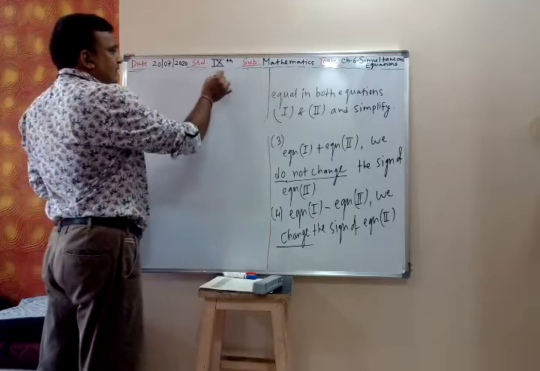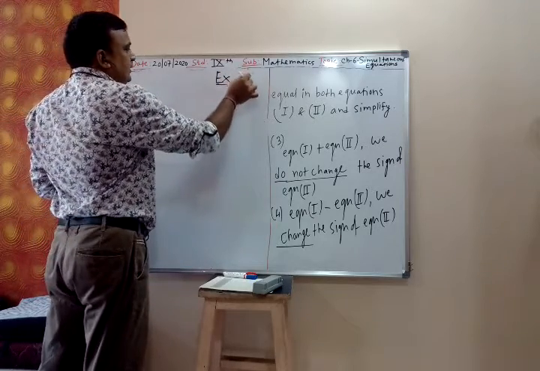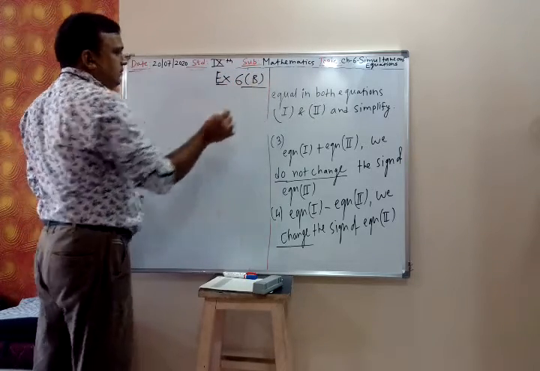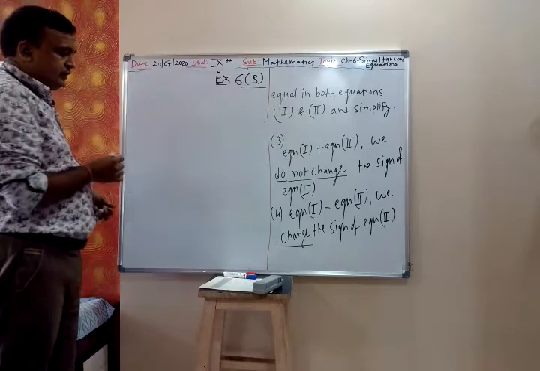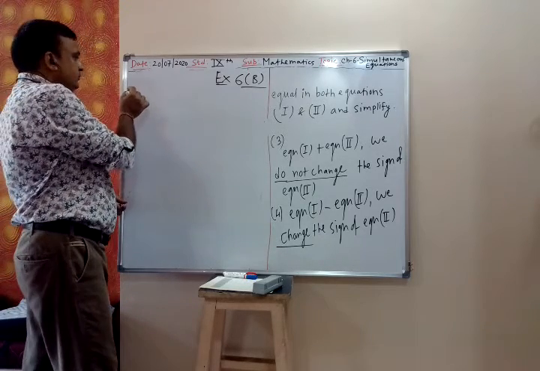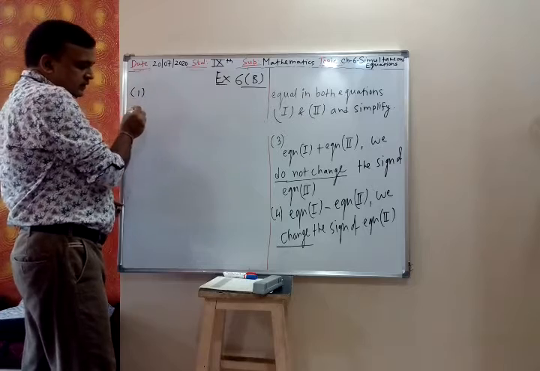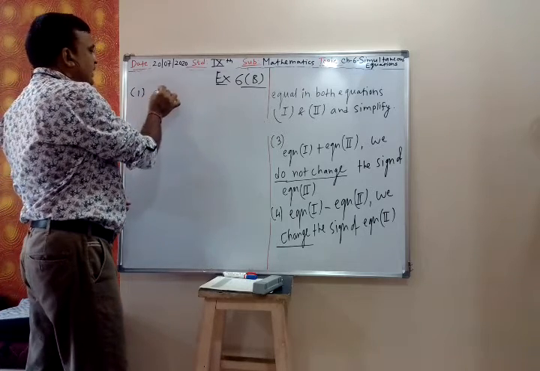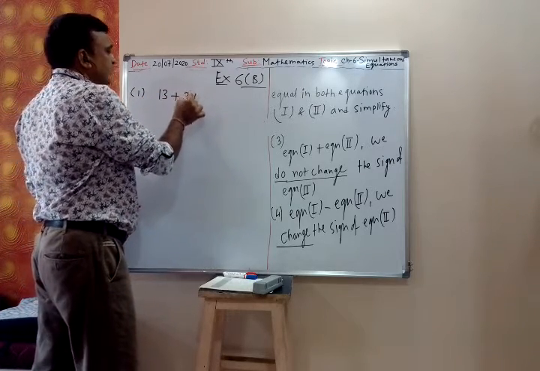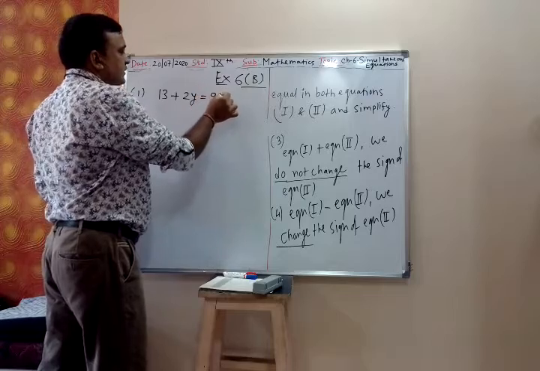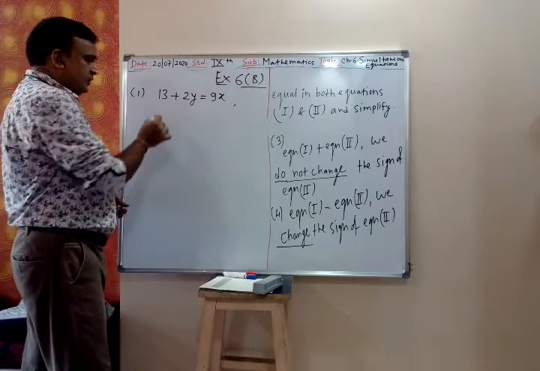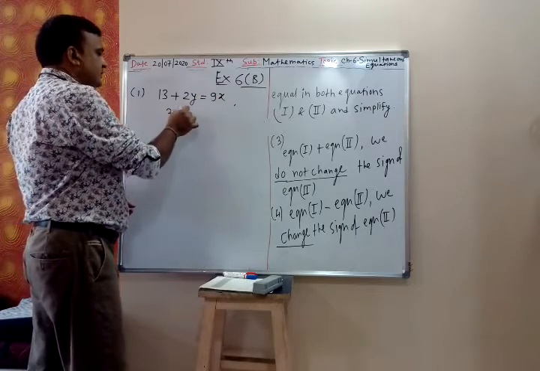So based on this, we have exercise 6b, using method of elimination by equating coefficient. First one, 13 plus 2y is equal to 9x and 3y is equal to 7x.